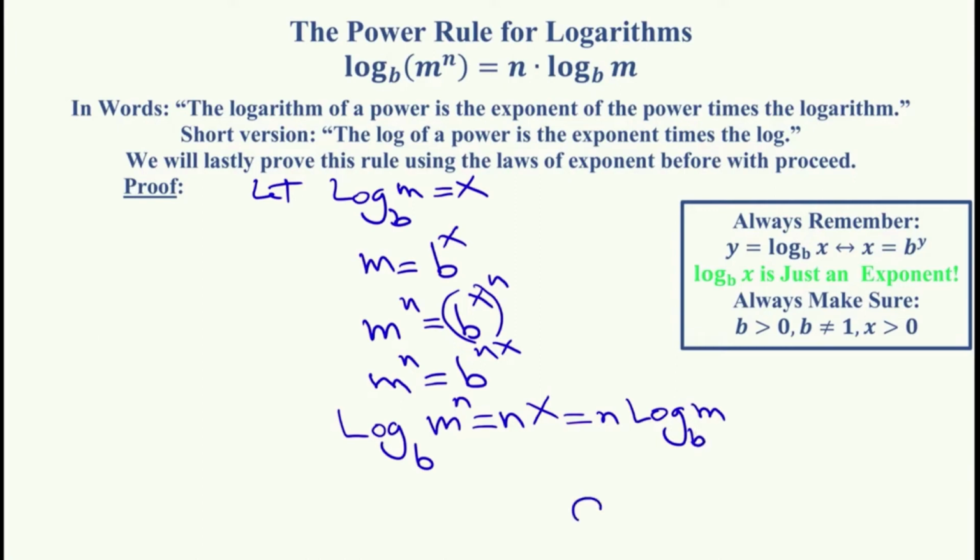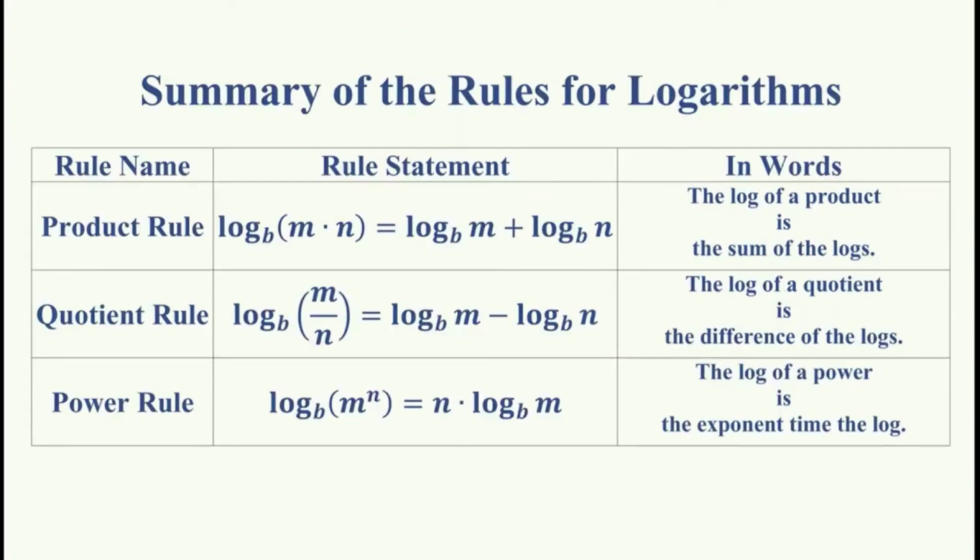So notice how the game plan was the same for all of them. We start with logarithmic form, go to a simpler form we're familiar with and we know the rules of, do what we need to do, and then get back to logarithmic form to end the proof. And that's basically all three rules that we're going to be using. We'll look at a summary in a second.